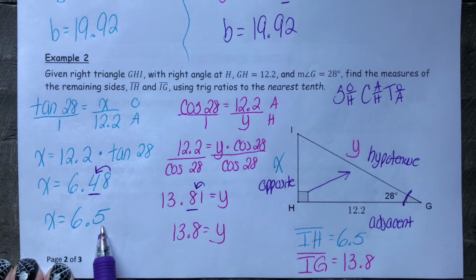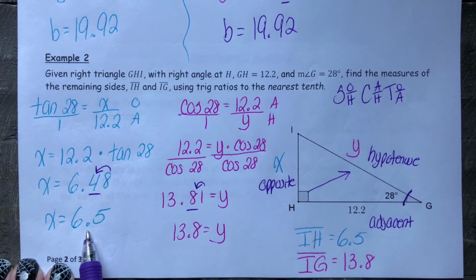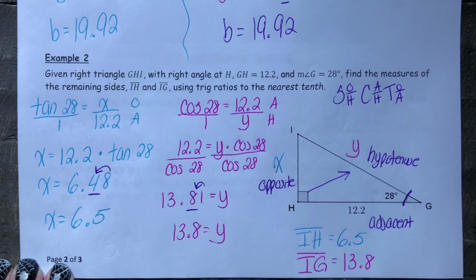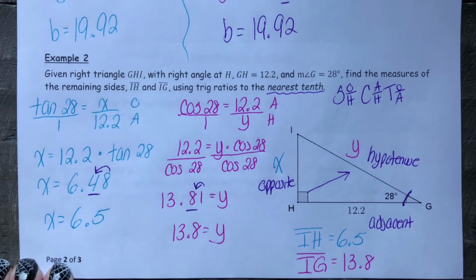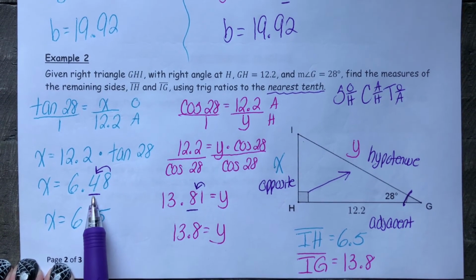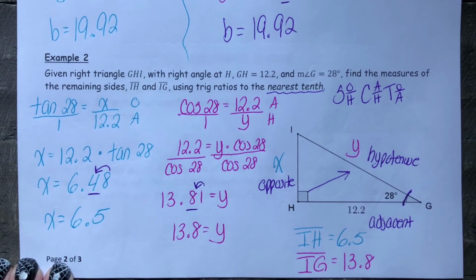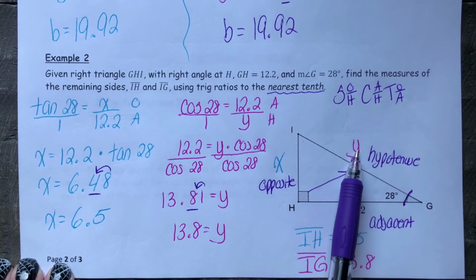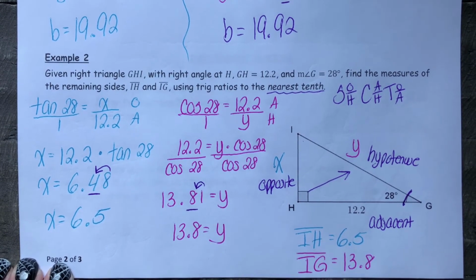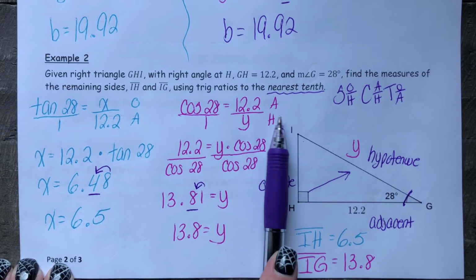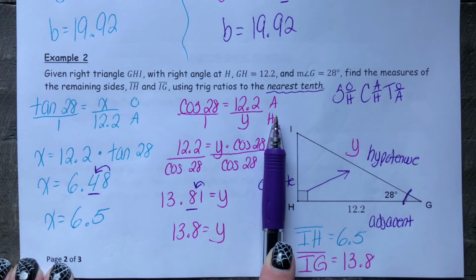All right, so when you finally round at the end, you should have got 6.5 because, again, just to remind you guys, it says round to the nearest 10th. Make sure you're doing that. 10th is 1 0, one place after the decimal. Now I'm going to go back. I want to find Y. Well, I had to round to find X, so it's illegal for me to use this side, all right, if I want to find Y. So I have to use the 12.2, that adjacent side again.